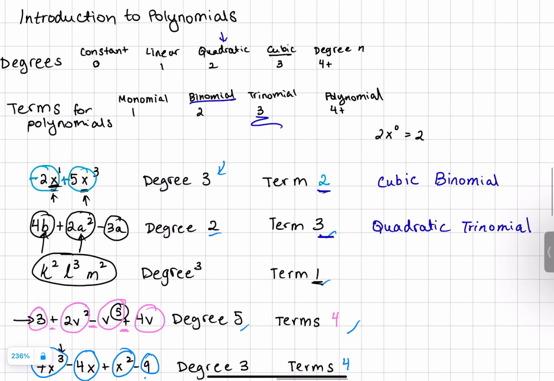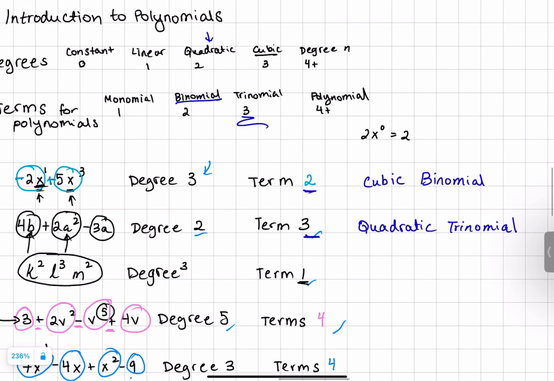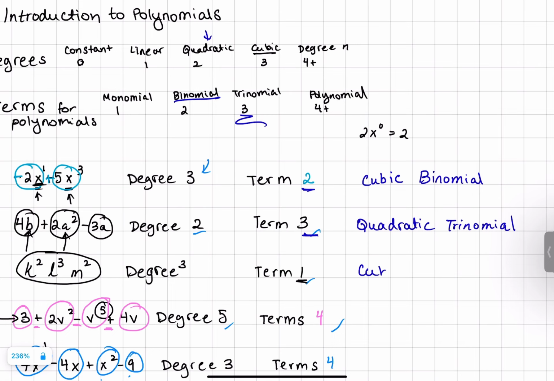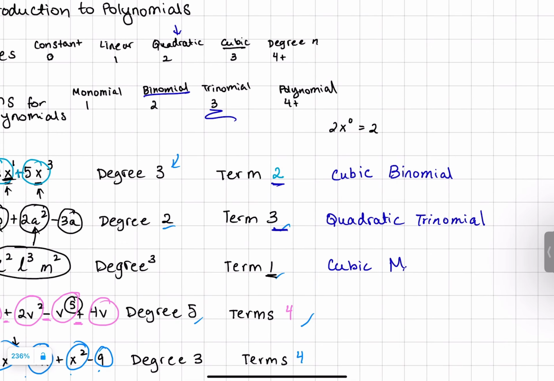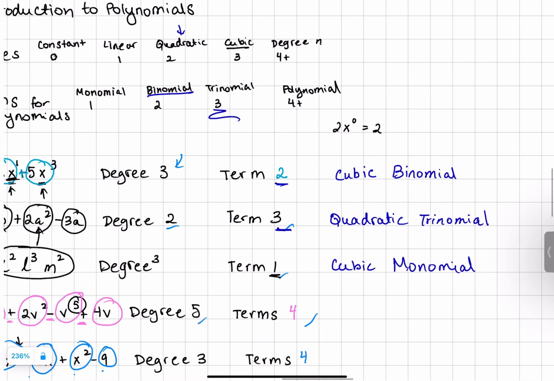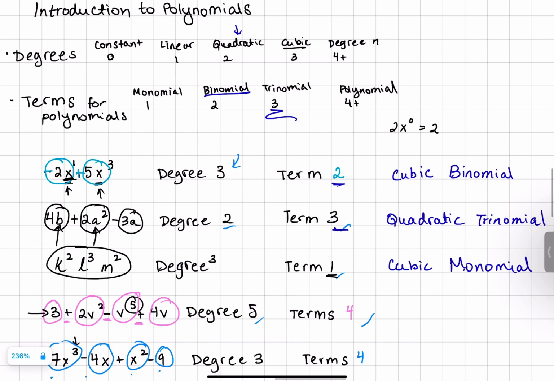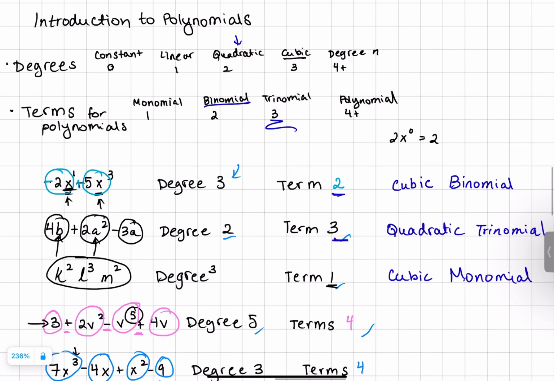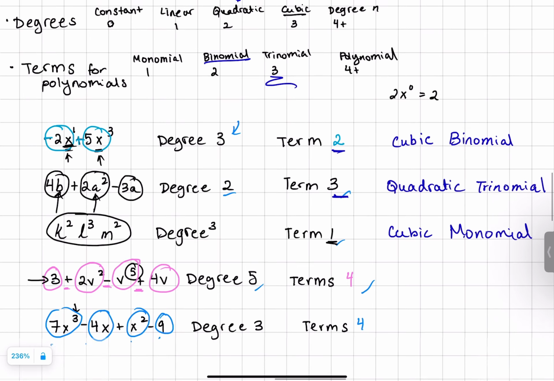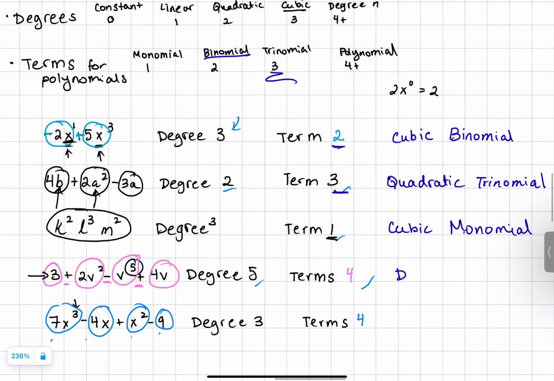The third one over here has a degree of 3, so it would also be cubic, but it has 1 term, so it would be monomial, cubic monomial. Okay. And the fourth one over here, degree 5, so this is more than 3 degrees, so you say degree and you state the number.